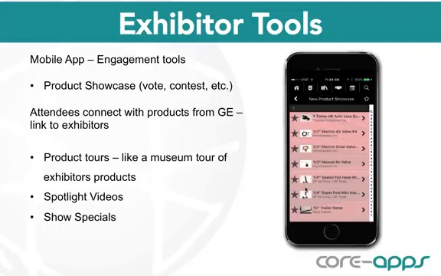Now, one of the things that we did out at SEMA is they had a new product showcase that was separate from the event itself, in glass booths that they had there for all the new products, and they wanted to vote and make it a contest. And so we built that into it. That's available for you to be able to do.